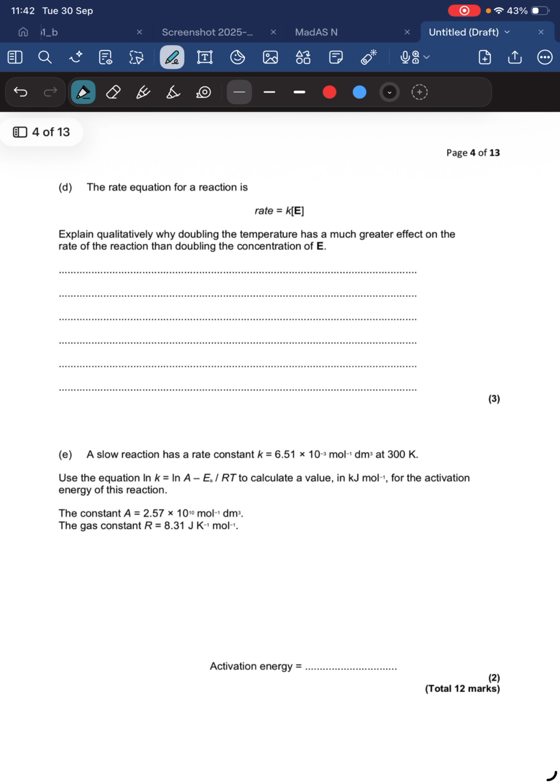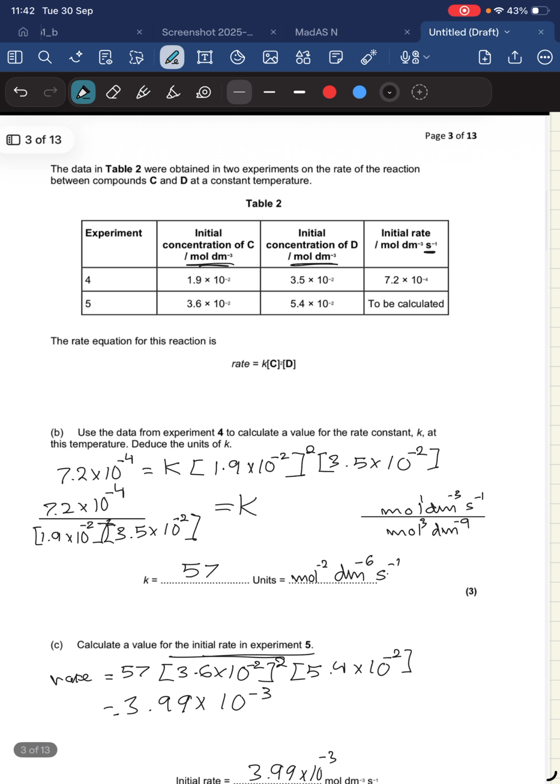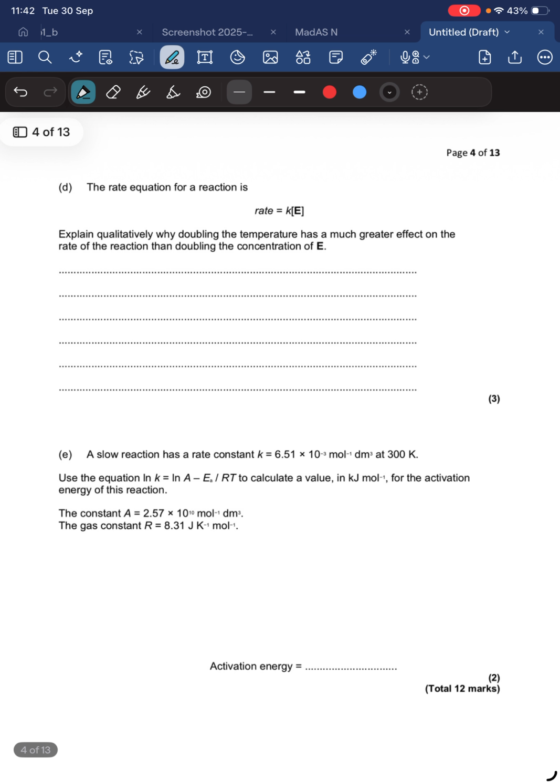Now, rate of reaction is basically finding out how fast a product is formed. So we're working out how much time it takes for a product to be formed.